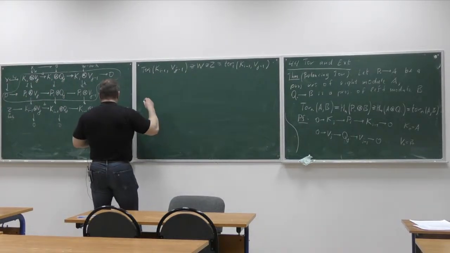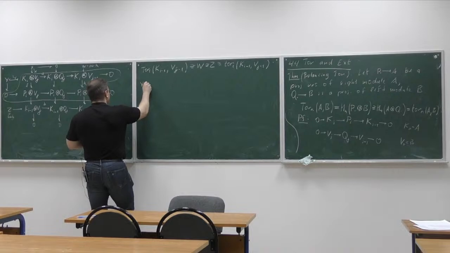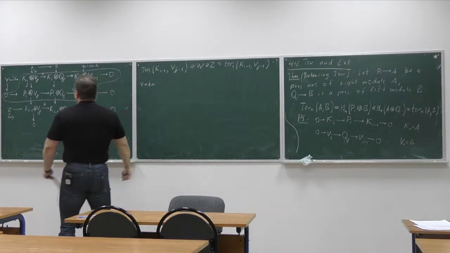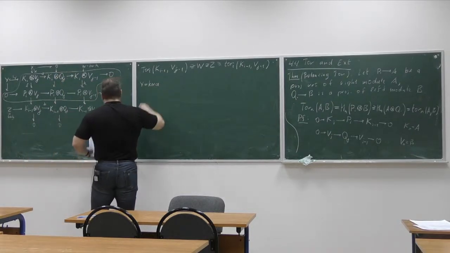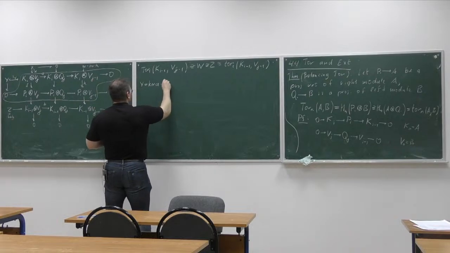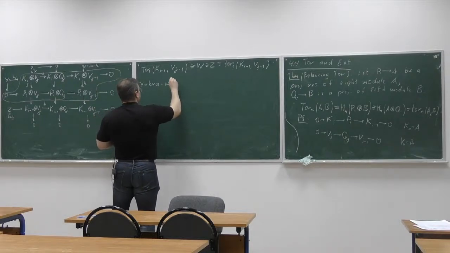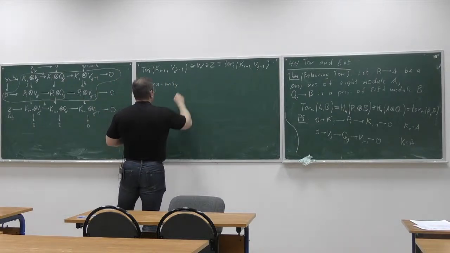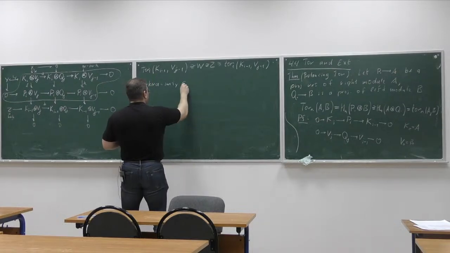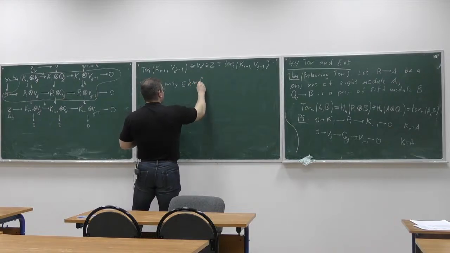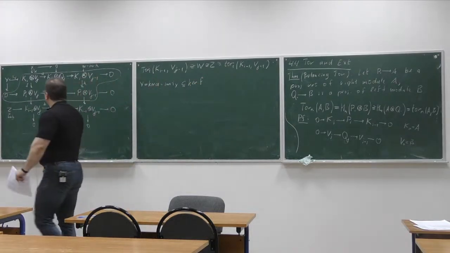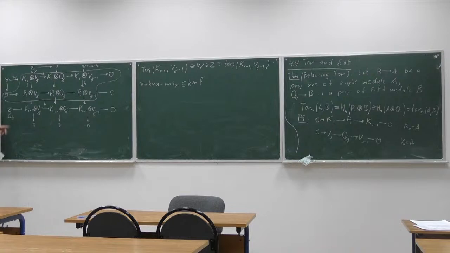Now, what's Y? By definition, Y is the kernel of the map A, or equally, the image of iota sub Y. I claim that the image of iota sub Y is contained in the kernel of F. Right?